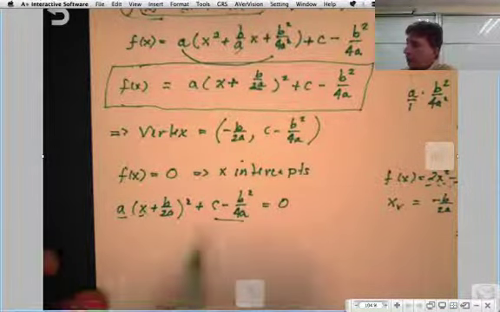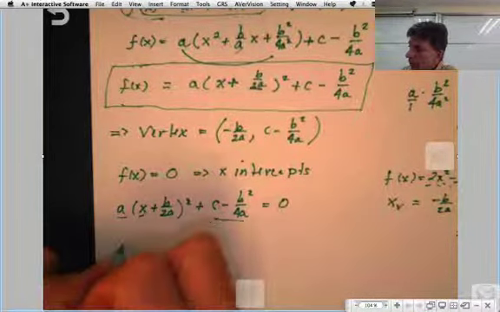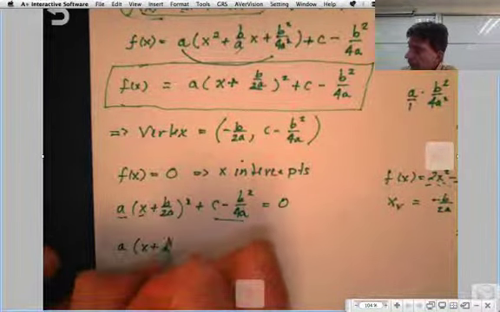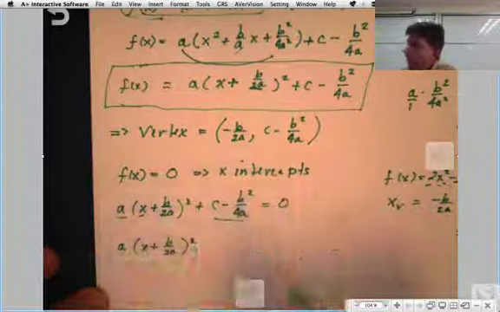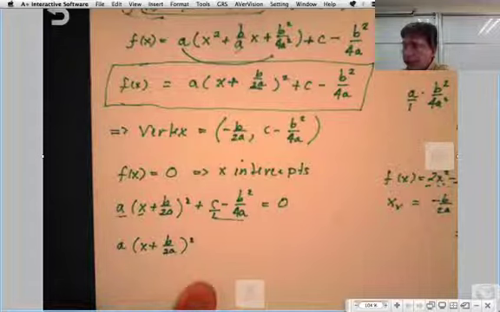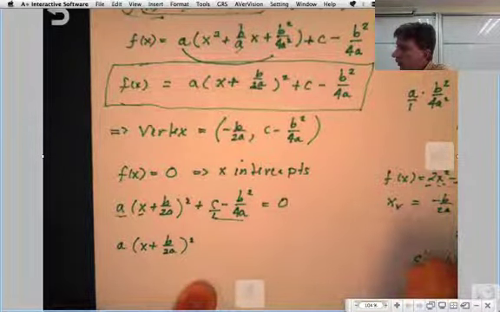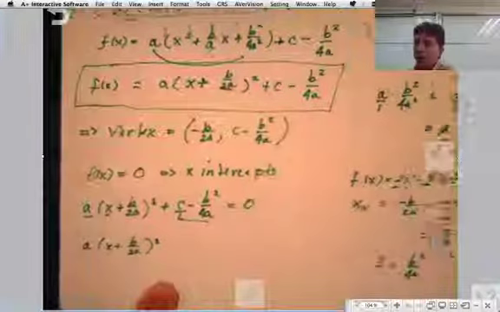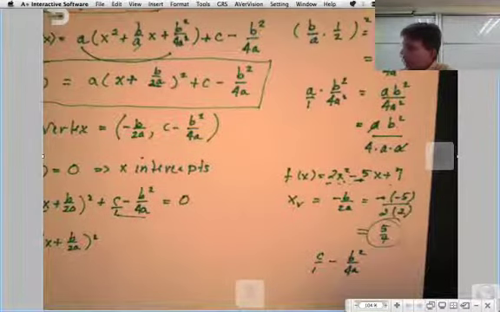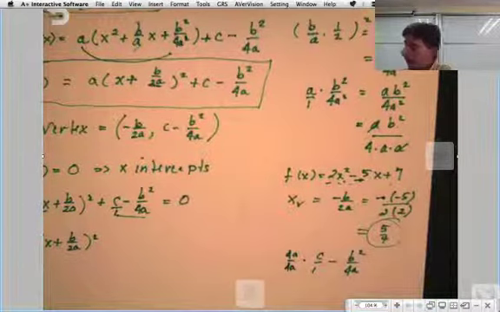I think it's probably best if we try to combine this into one single fraction first. So let's do that. Keeping in mind that this is the same as c over 1 here, if I look at c over 1 minus b squared over 4a and I want to get a single fraction for that, what I could do is multiply top and bottom of the first fraction by 4a, trying to create a common denominator between the two fractions.